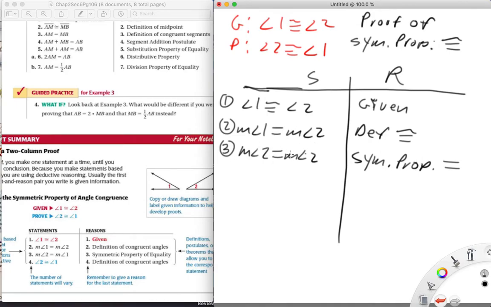And while it's the same type of rule, I can switch the order. Whoopsie, this should be angle 1. Since it's talking about switching the order of equality, it doesn't really mean switching the order of congruency. It's sort of like a loophole. It's neat. And if something is equal, then something is congruent. So this is the definition of congruency.